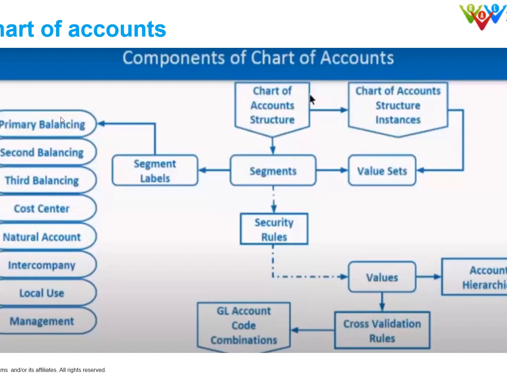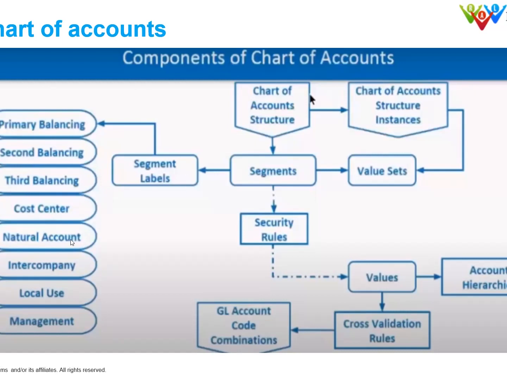When I book any accounting entry through this chart of account, the debit and credit for that company code should balance. More than one segment can be a balancing segment.